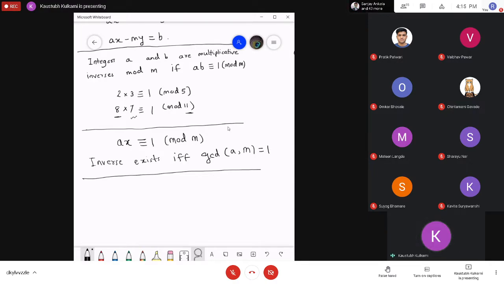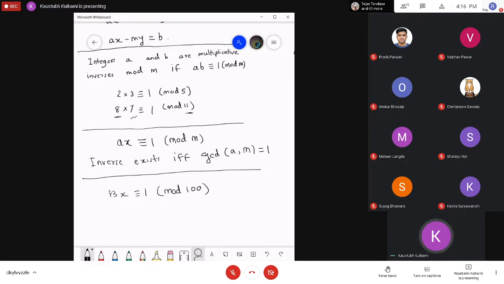So let's try to find an inverse. Let's try one example. Let's say we want to find the inverse of 13 mod 100.